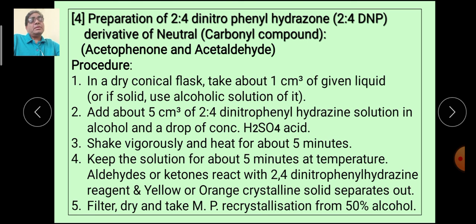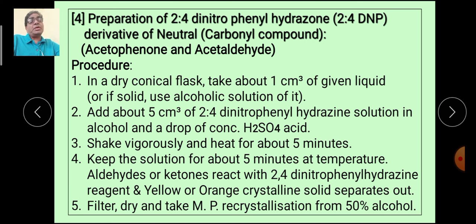Then, the fourth derivative is the preparation of the 2,4-dinitrophenylhydrazone derivative of neutral compounds, that is, carbonyl compounds. The first compound is acetophenone and the second one is acetaldehyde, and we are going to prepare the 2,4-DNP derivatives of these two compounds.